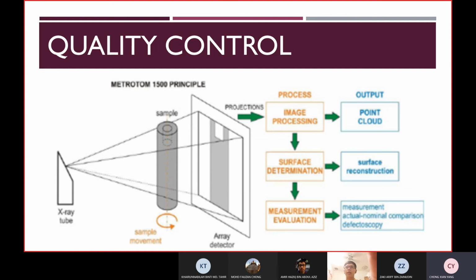After the measurement evaluation, there will be an output of measurement, actual nominal comparison, and defectoscopy.